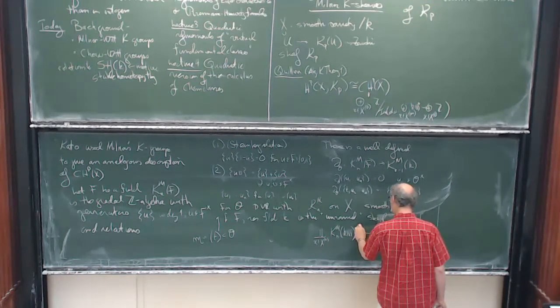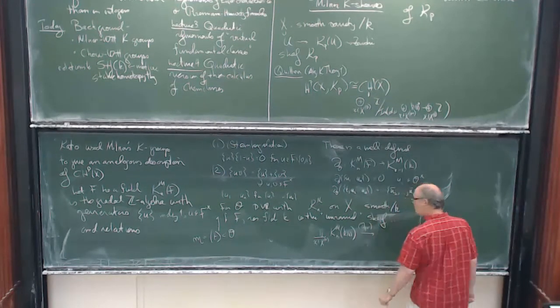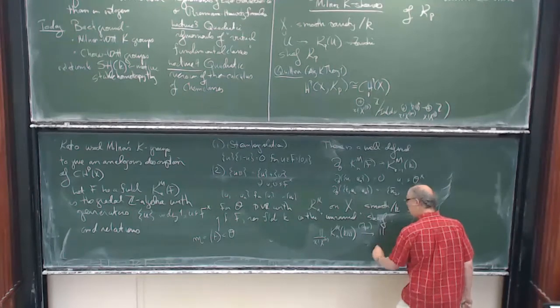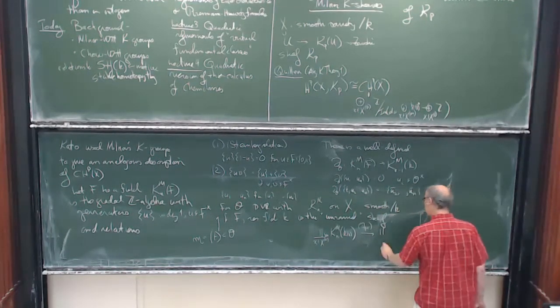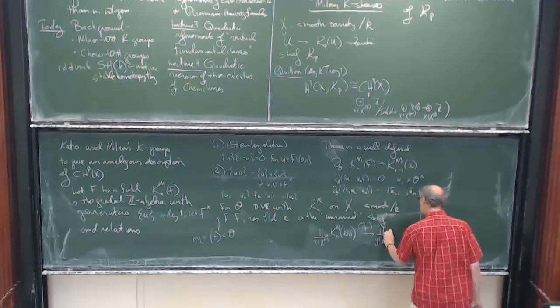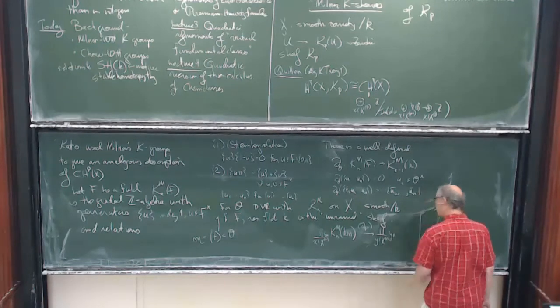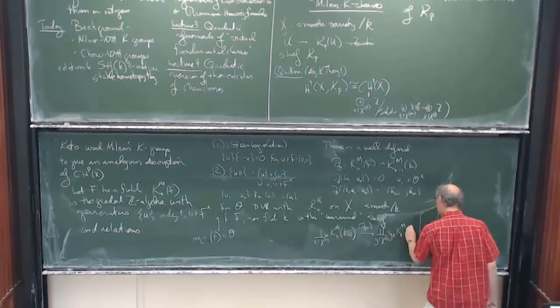You have a collection of delta_{yx}, going to, I should take i_{x*} to view it as a sheaf, and then for the y codimension 1 points, i_{y*} of Milnor K_{n-1} of k(y).